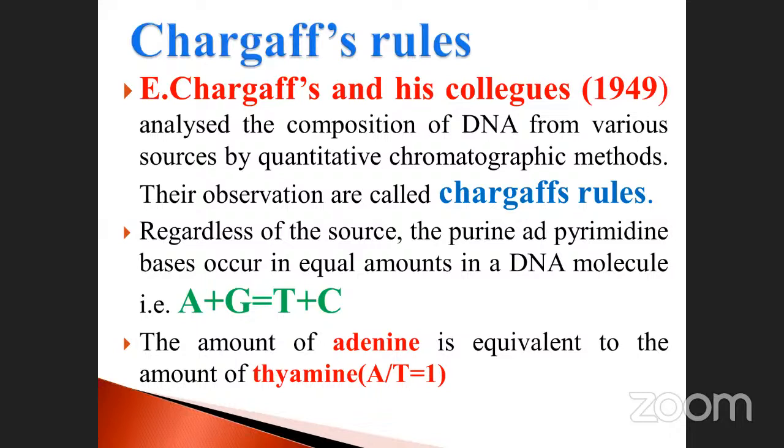Okay. So the amount of adenine is equivalent to the amount of thymine. So A by T is equal to 1. Likewise, guanine by C is equal to 1. So guanine, cytosine, adenine, thymine, these are all very, very important. Calculation-oriented questions are asked in this part only.